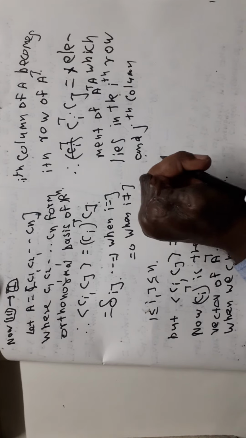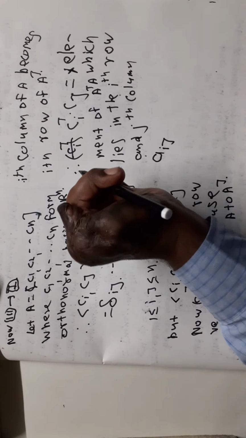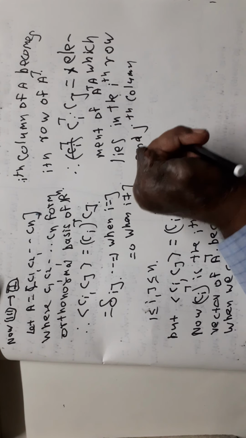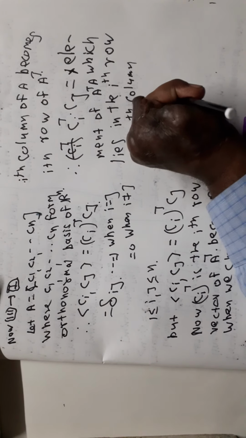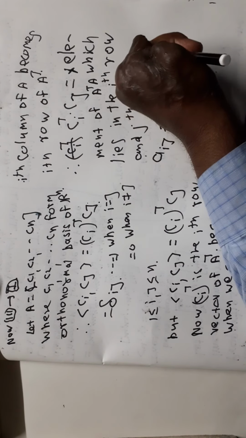Therefore aij is equal to delta ij, which is 1 when i is equal to j and 0 when i is not equal to j.